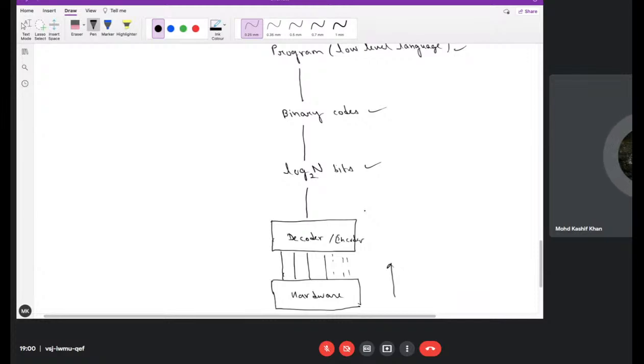If anyone has any doubt, you can ask regarding that. You have to understand properly how actually you write the code and how actually it gets affected on the hardware. For each operation, there will be some hardware which is performing the action, right?